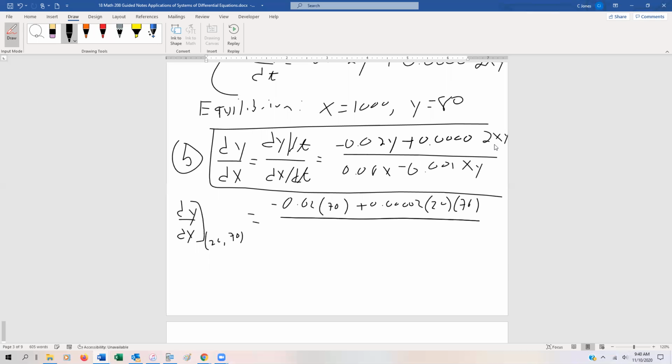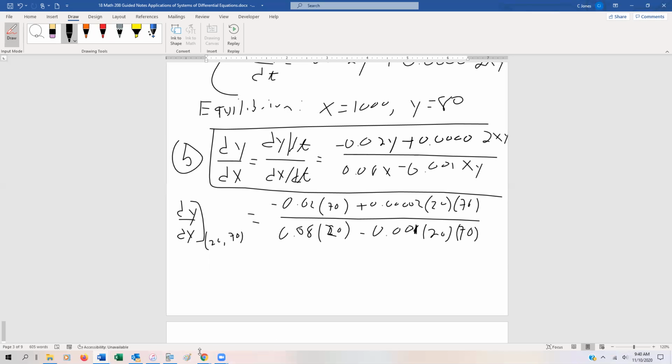And then we're going to divide all of that by 0.08 times 20, and then minus 0.001 times 20 times 70. All right, and we're just going to shove that in our calculator.